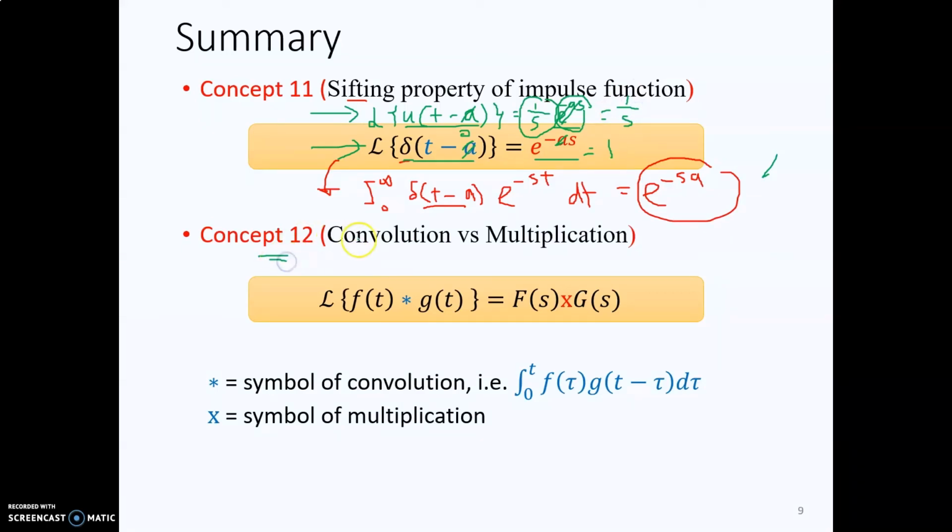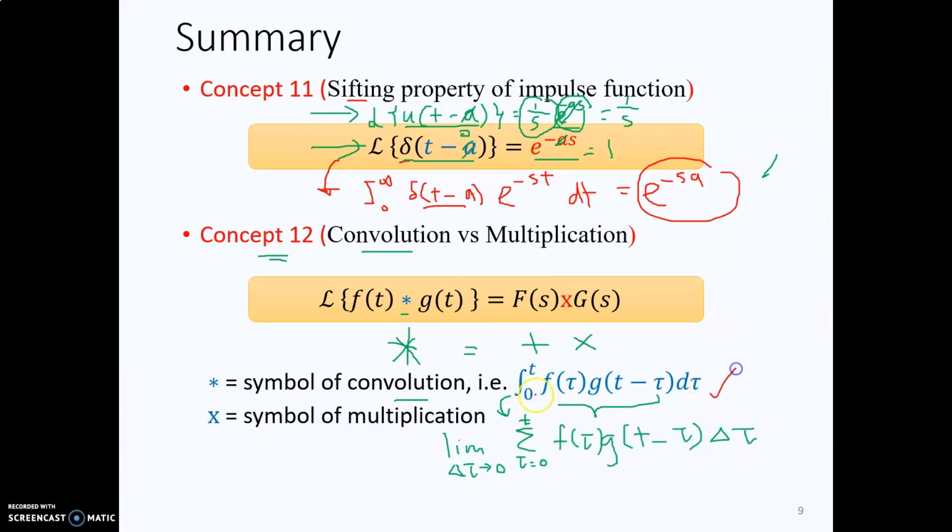Lastly, in concept 12, we learn about the convolution, which can be represented by this symbol. This symbol consists of summation and multiplication, where you can see in this definition for the convolution, the multiplication between f(τ) and g(t − τ), and the summation here is indicated by the integration.